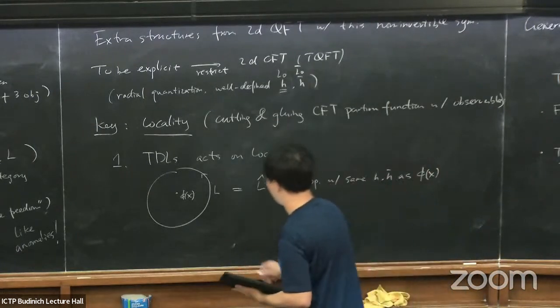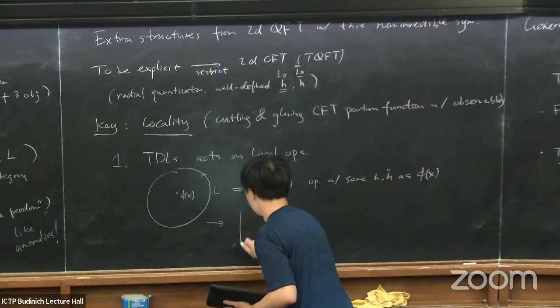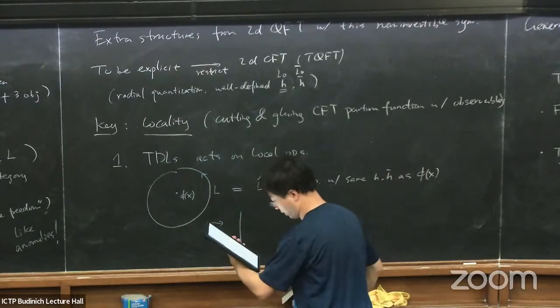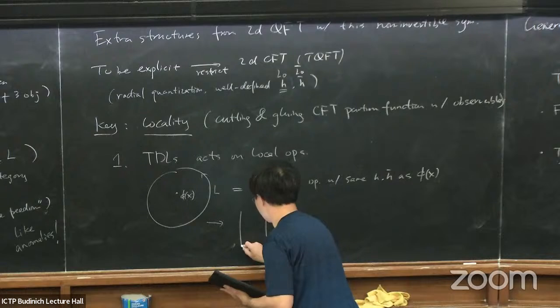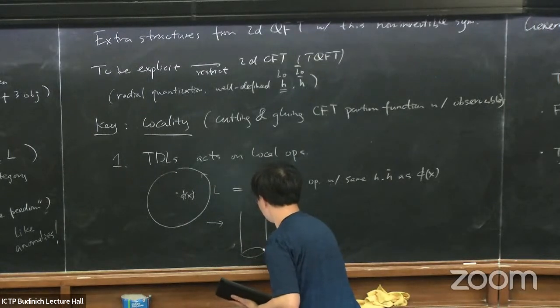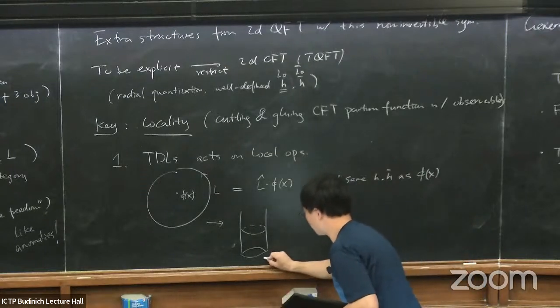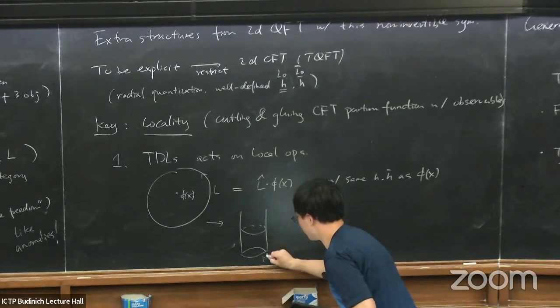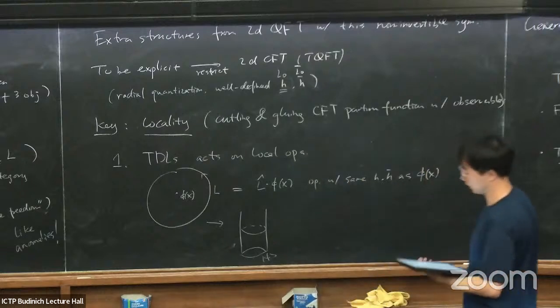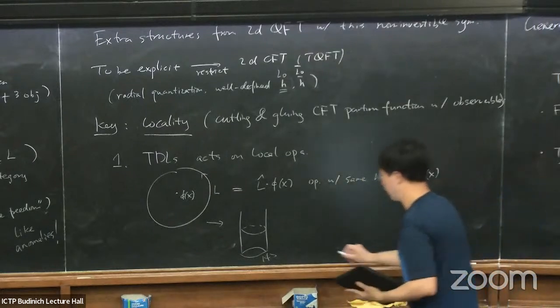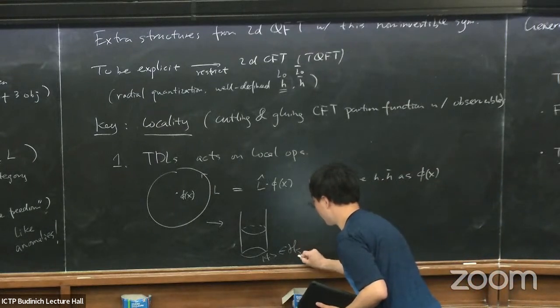Equivalently, from the radial quantization, you can think about this picture as meaning on the cylinder, where on the bottom of the cylinder you insert the corresponding state corresponding to this local operator. So it's a primary operator, and this is a state inside the Hilbert space on S1.